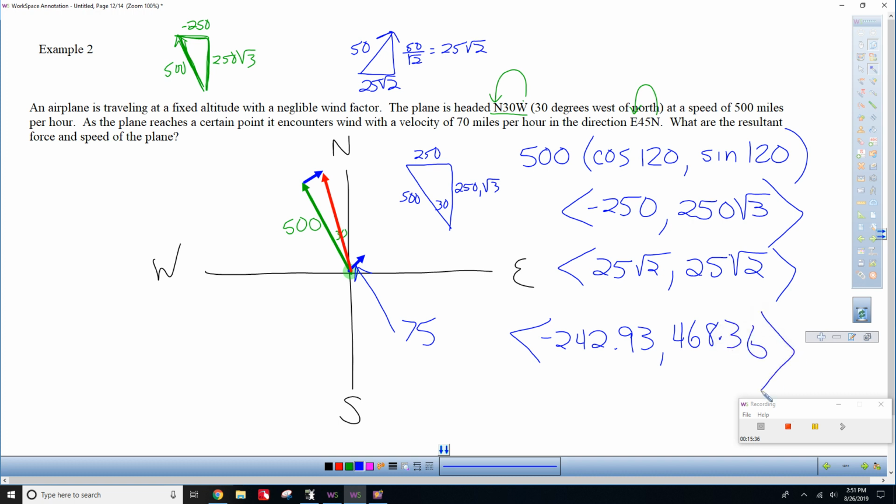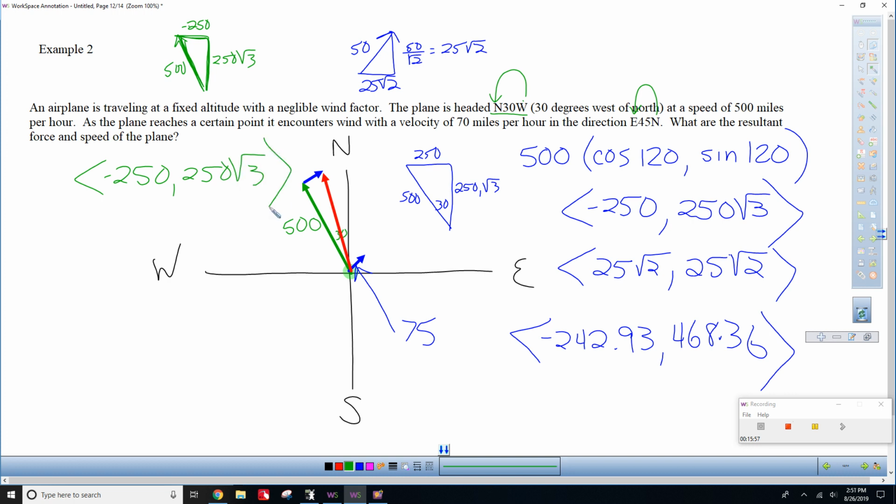So, let's see. Our green vector started out as negative 250, comma, 250 radical 3.